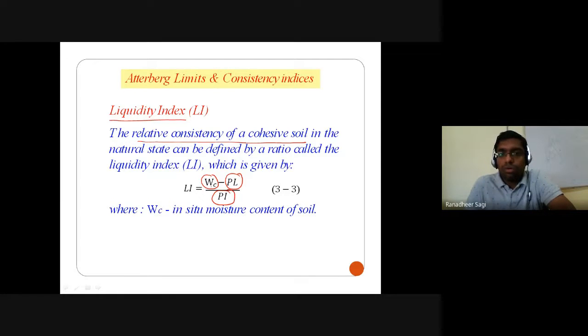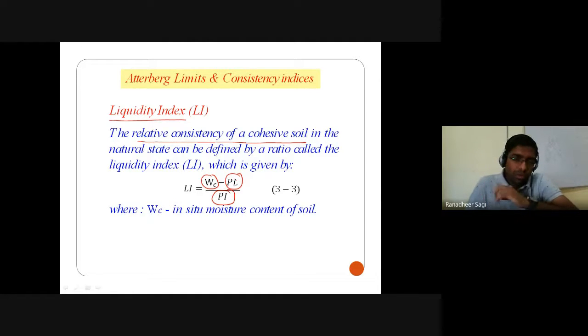In the numerator, what you will have is WC. WC indicates the natural moisture content or the field moisture content existing in that soil. When you take the soil sample from the field, the water content existing in that soil is what we call the natural moisture content or field moisture content.